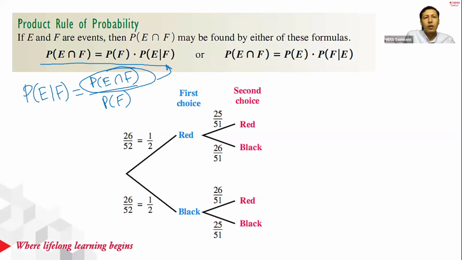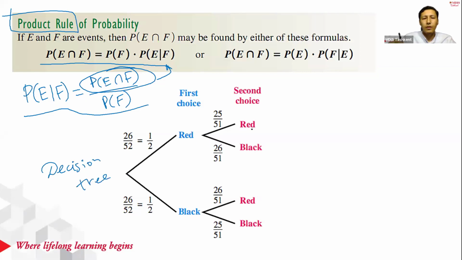We call it the product rule. This formula is obtained from the formula of conditional probability. And we call this a decision tree.